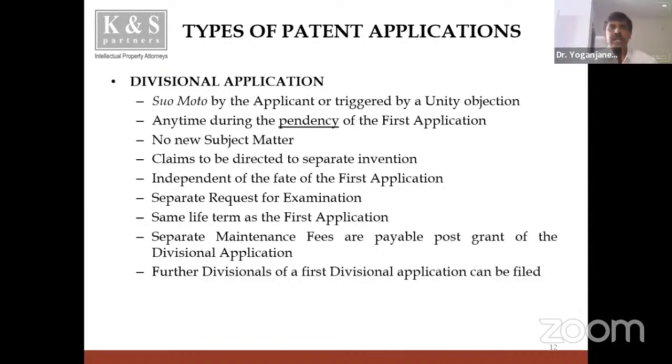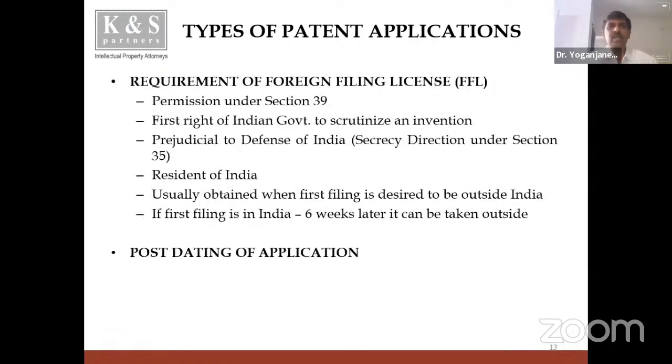So there is an additional aspect, something called foreign filing licensing. If for some reason the innovator does not want to file an application in India and wants to file only in the US or in other foreign countries, he still has to inform the Indian Patent Office that he would like to file his application outside India.